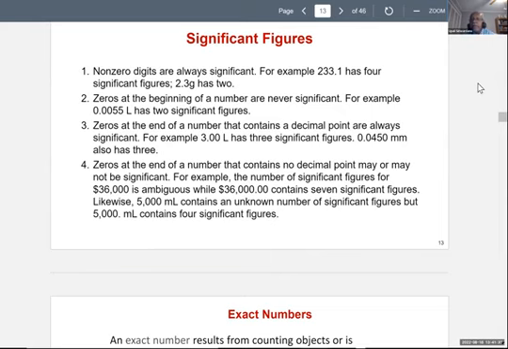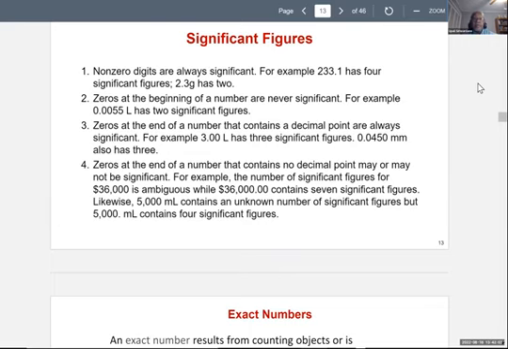In the second example, 0.0450, the beginning two are leading zeros. They are not significant. But the last one on the right, after 45, is a trailing zero in the decimal place. Therefore, it's significant. Therefore, 3 significant digits.